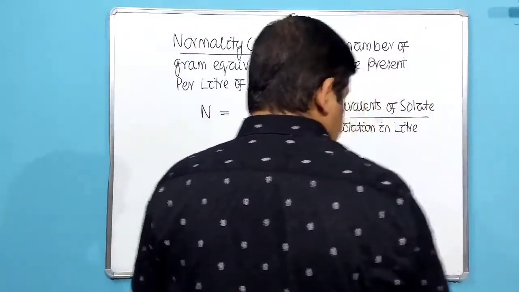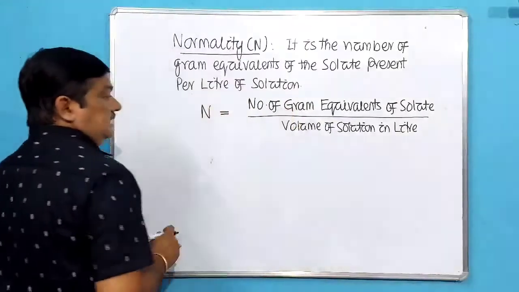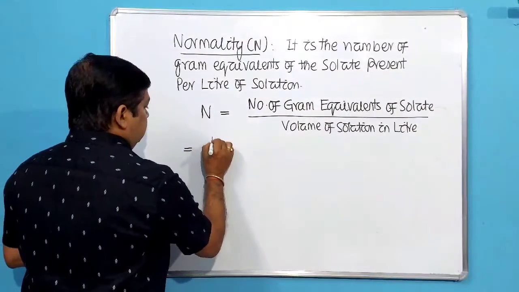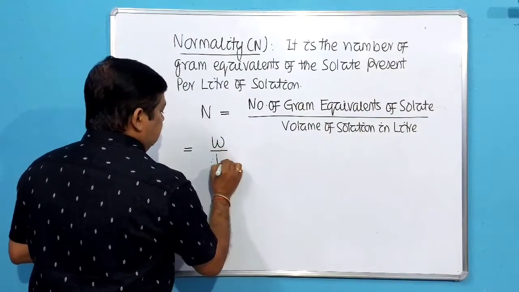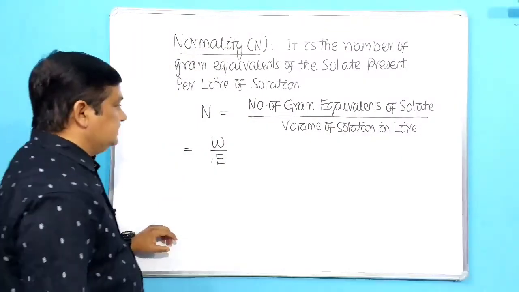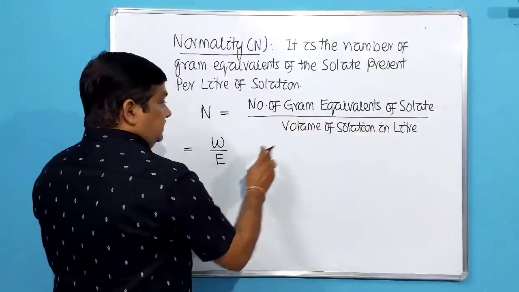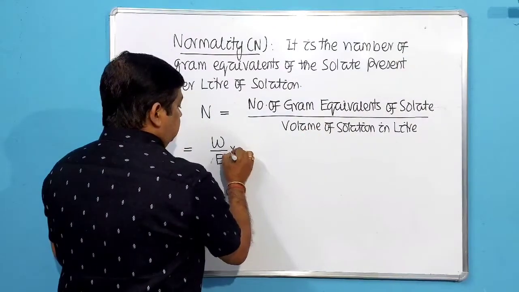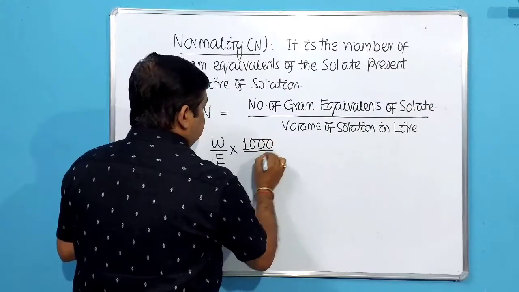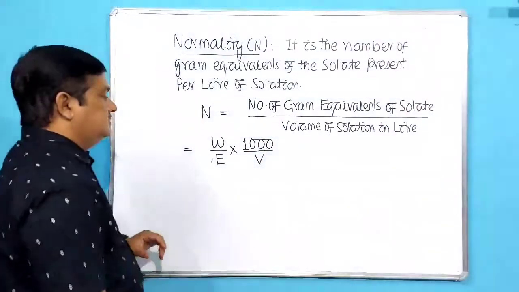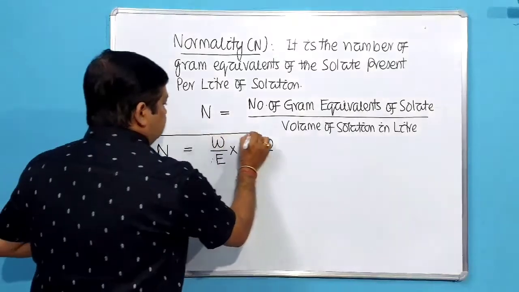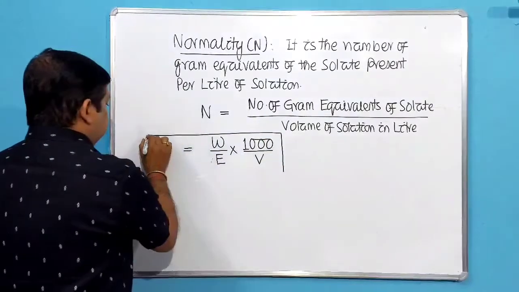But how to find out the number of gram equivalents? Given mass divided by gram equivalent mass. Here E is the gram equivalent mass, into 1000 by V. So this is the formula to calculate the normality of any solution.